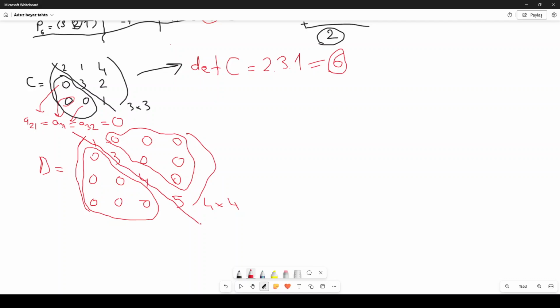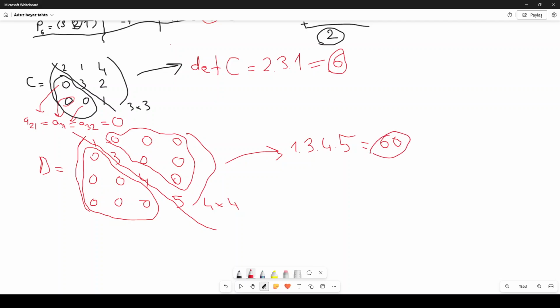So this is called a diagonal matrix, and this is both an upper triangular and a lower triangular matrix. So what is the determinant? What I need to do is just multiply the elements on the main diagonal, and that's it. 1 times 3 times 4 times 5, and this is equal to 60, right?